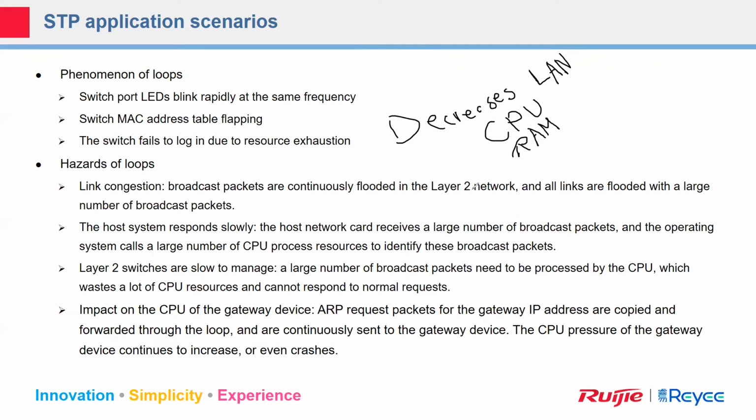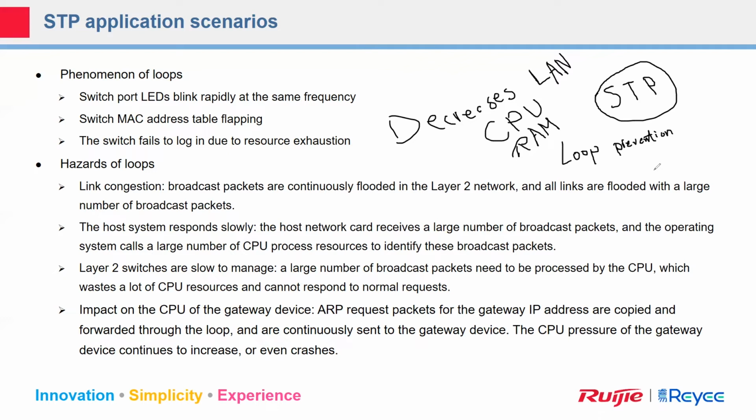So how do you overcome all those issues? By turning on the Spanning Tree Protocol. By the way, Reyee has something called a loop prevention mechanism.